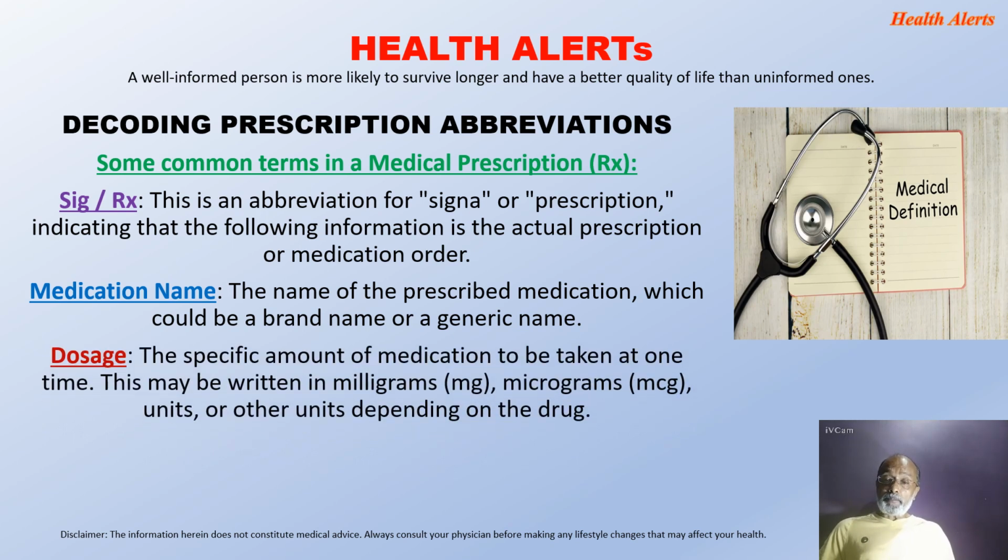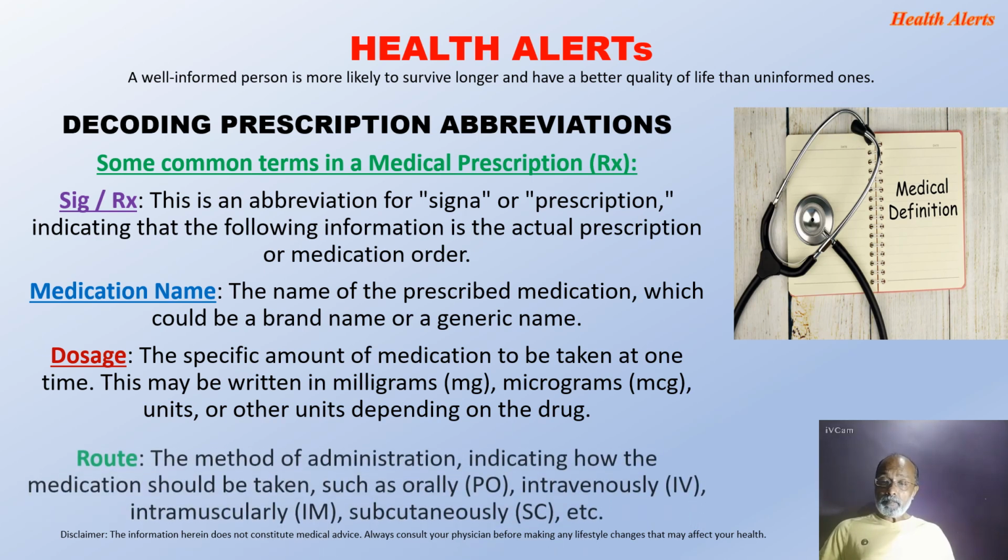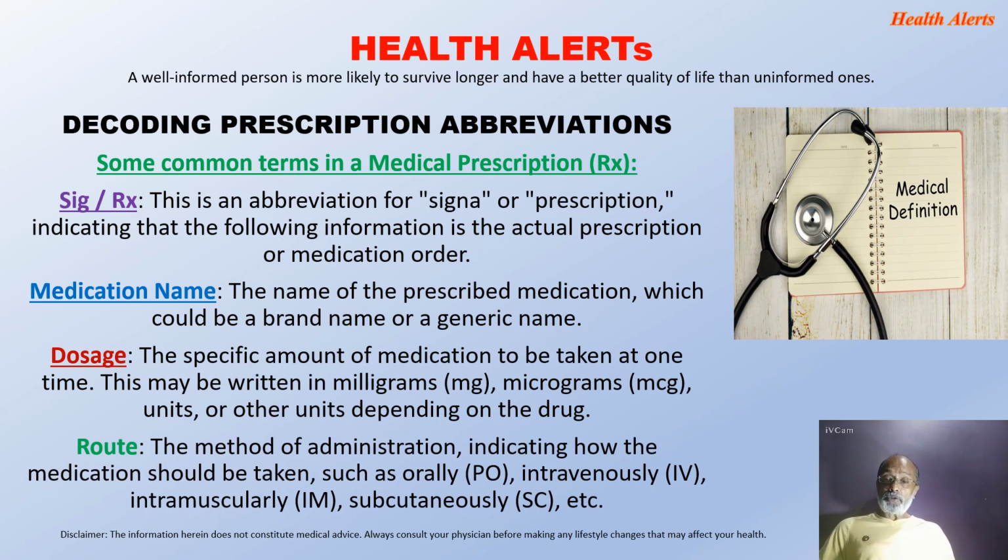Dosage: the specific amount of medication to be taken at one time. This may be written in milligrams, micrograms, units, or other units depending on the drug. A route: the method of administration, indicating how the medication should be taken, such as orally, or intravenously as an injection, or intramuscularly again as an injection, or even subcutaneously again as an injection, etc.